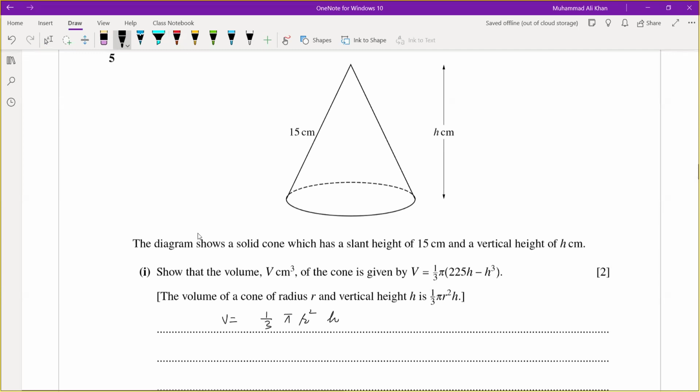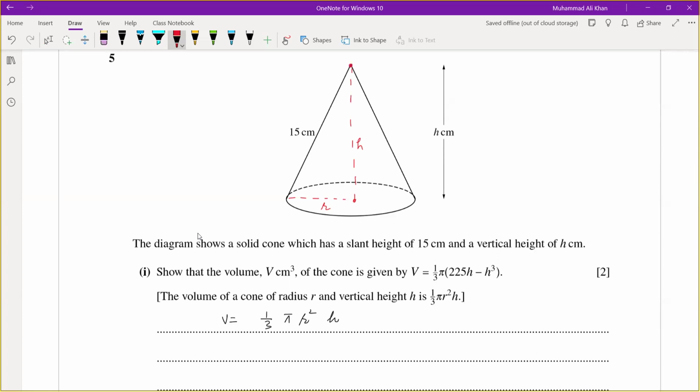Now, we have the height of the cone, which is h. Here is the radius, here is h, and here is 15, the hypotenuse.